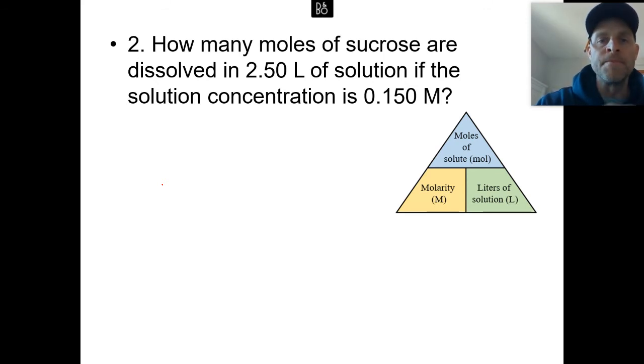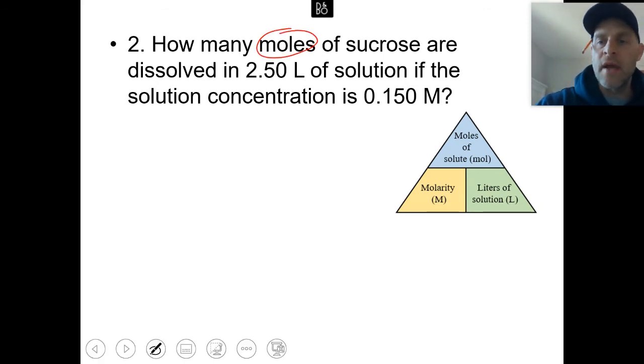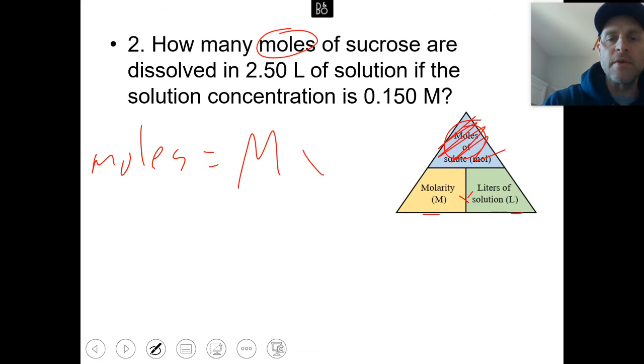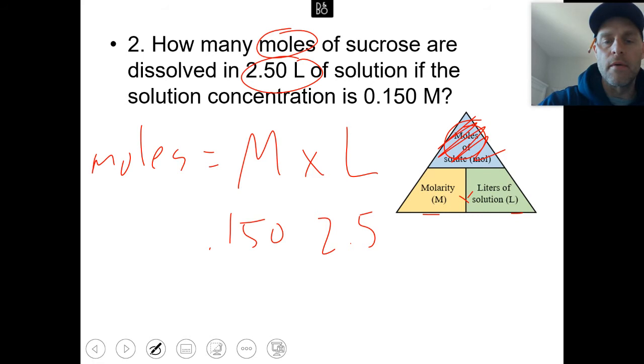So number 2, how many moles? Okay, solving for moles, right? What's my equation? Moles equals, cover that up, what do I have left? Molarity times liters. Same one we just did. All right, how many liters? 2.5. What's molarity? 0.150.